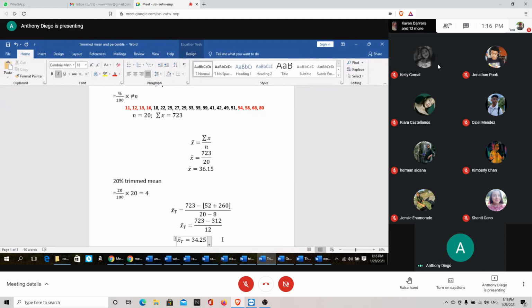Now, in some problems, they will ask you whether it was wise to use the trim mean, or why the actual mean is different from the trim mean, and how you would account for the difference of the trim mean from the actual mean. In this case, we do not see a wide deviation: 36.15 from 34.